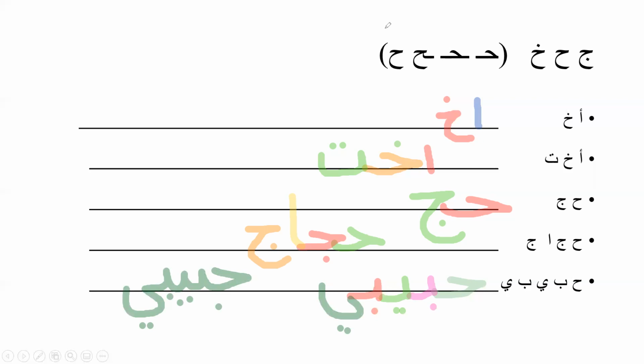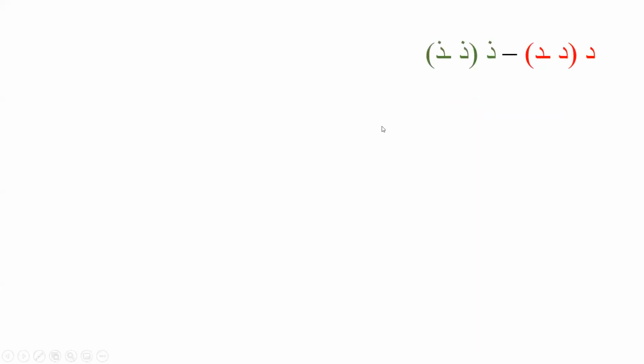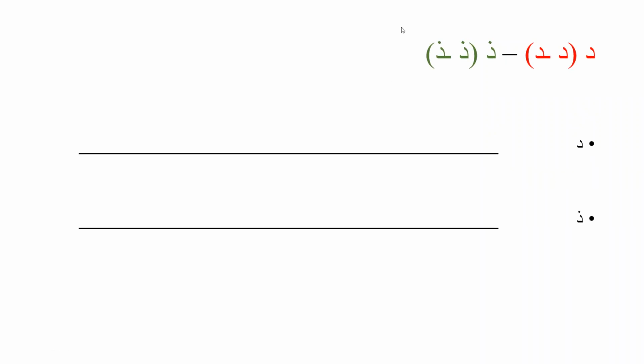Tamam. Again, I hope you are holding a pencil or a pen and practicing. Now, let's do dal, dhal. Dal, dhal actually are part of the group of letters that do not connect after. All right?